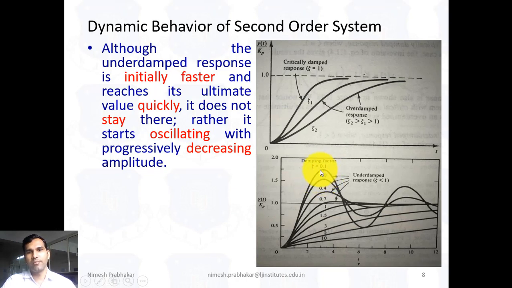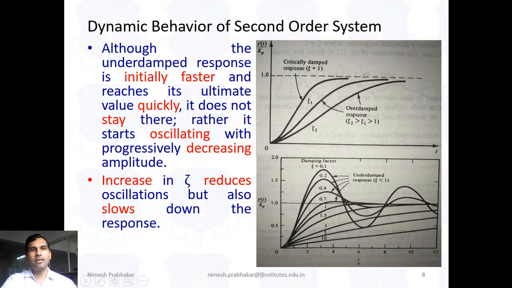We can see here it starts oscillating. So this is the oscillation. In the overdamped system we cannot see the oscillation. Here the underdamped response is initially faster and can reach its ultimate value faster, but it starts oscillating. So we can say the underdamped system is an unstable system.